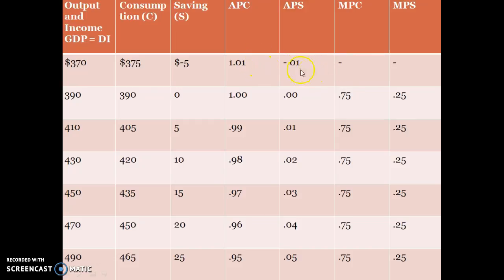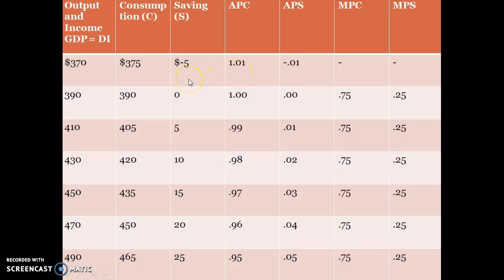For the APC and APS, if you look at the formula, we look at the consumption, which is 375 billion in this economy, and divide it by the disposable income, which is right here, 370 billion. So 375 divided by 370 gives us 1.01.